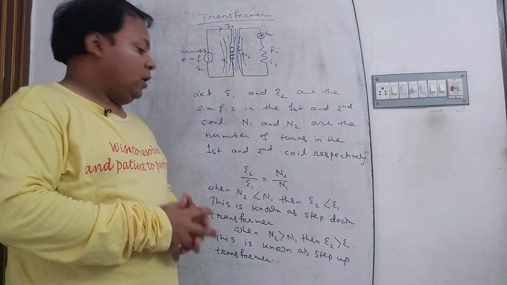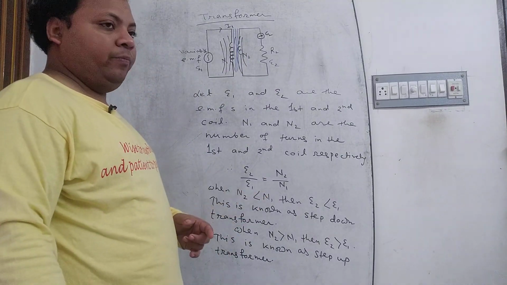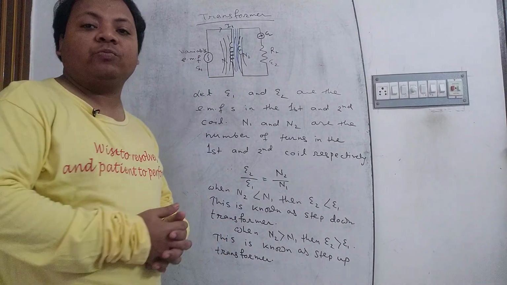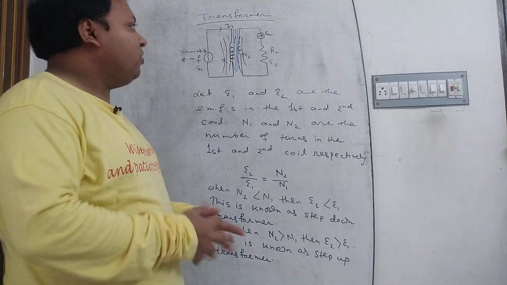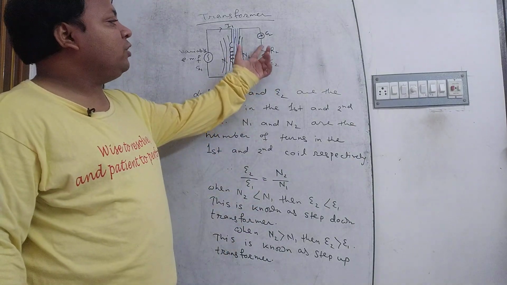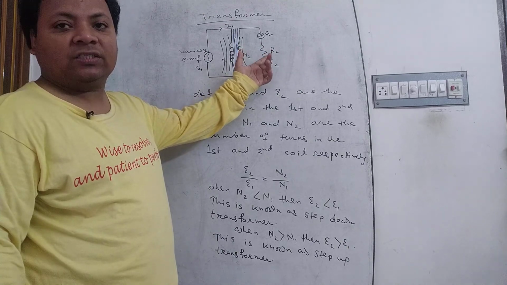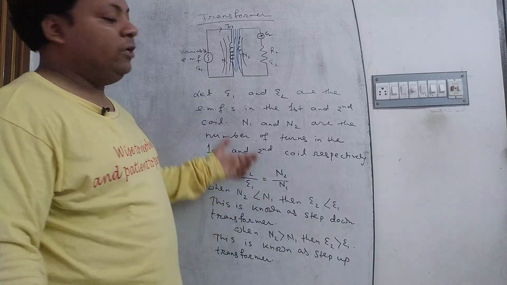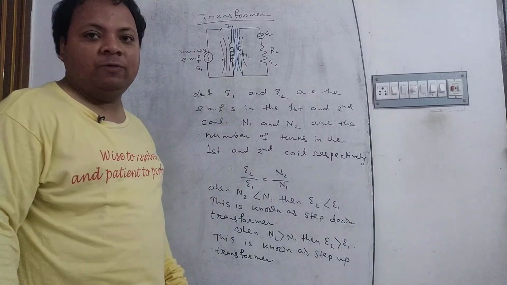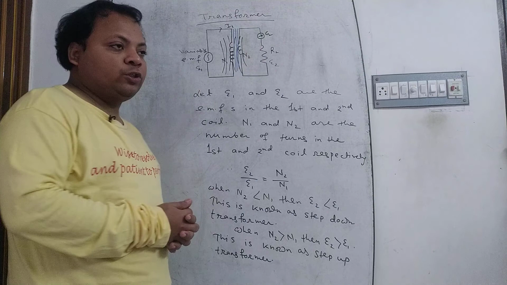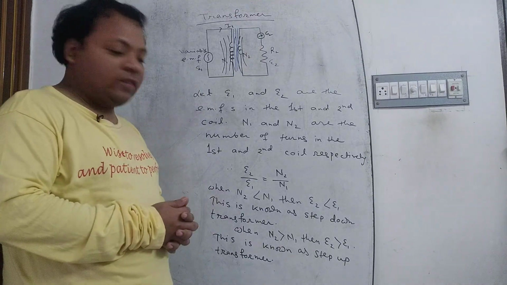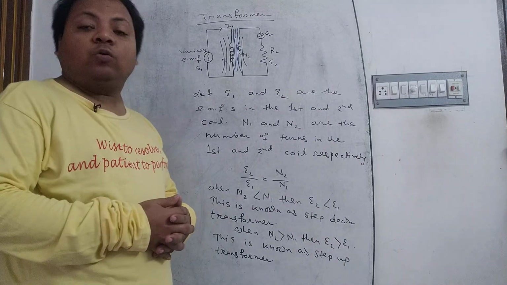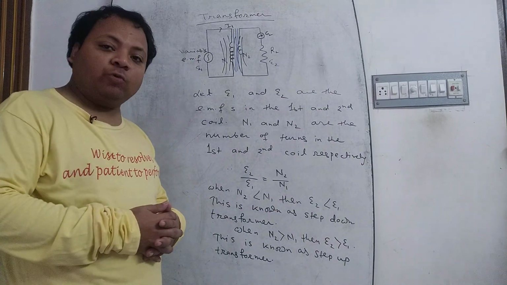When N2 is less than N1, then the EMF produced in the load resistance, that is in the second coil, is less than the EMF in the input or first coil, that is epsilon 2 is less than epsilon 1. This is known as a step down transformer.